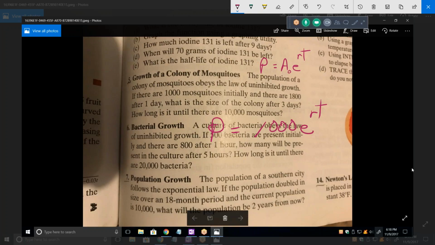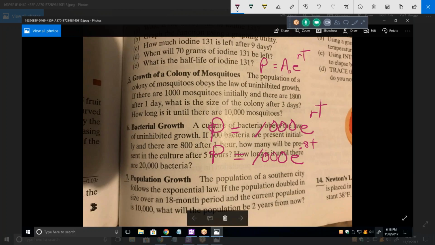It's 800 a day. 80%. Uh-huh. So that tells us the growth rate is 0.8. And now we have our specific equation, as long as t is in days.